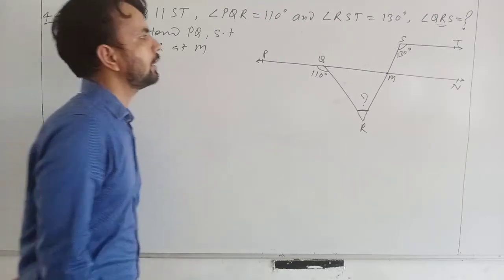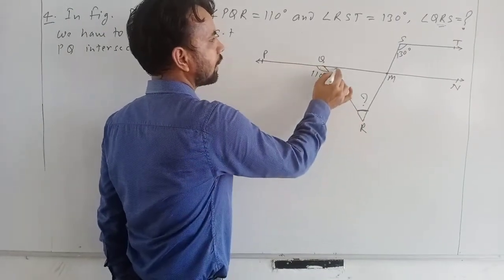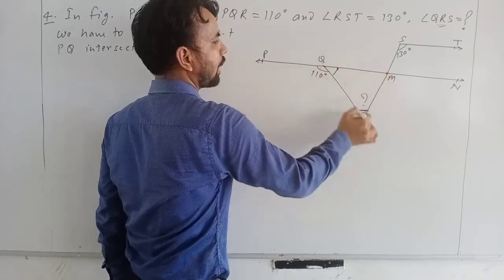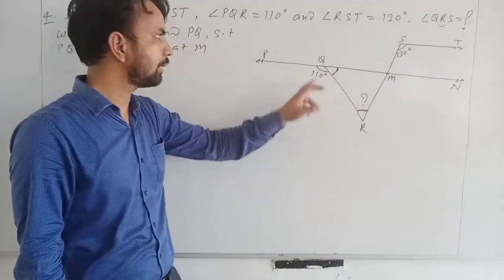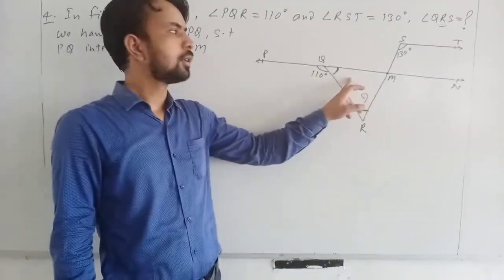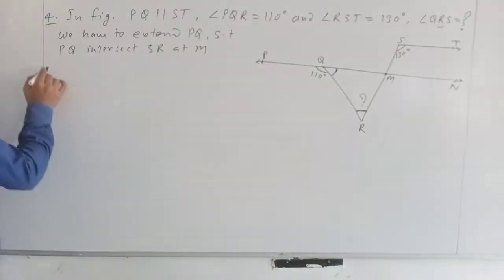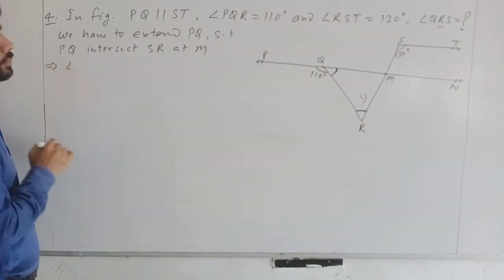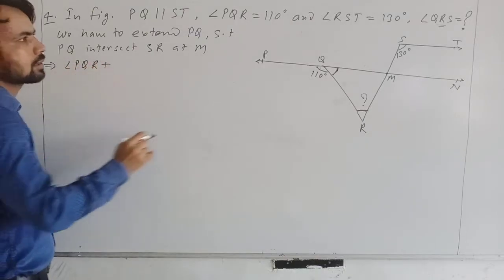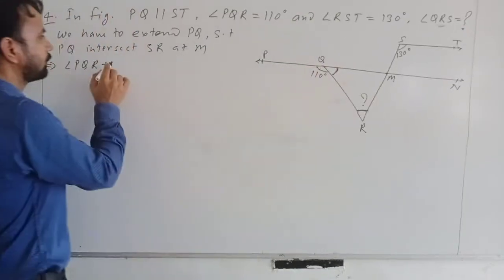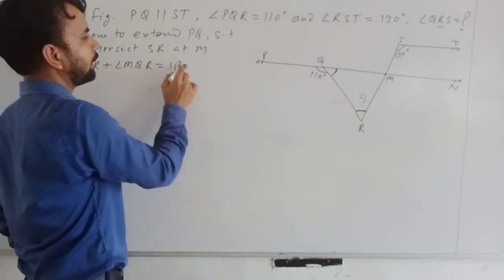Understood? Now see, beta, angle PQR and this angle MQR, these two angles form a linear pair. So their sum will be 180. So you will have to write here angle PQR plus angle MQR equals 180 degrees.